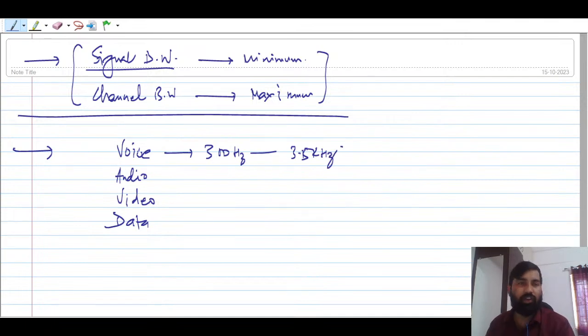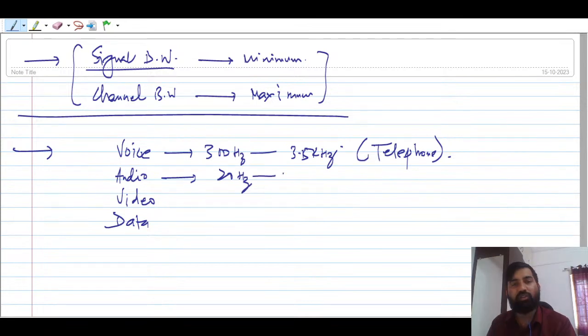Where do we use this voice? How do we transmit this voice? Using a telephone. In telephone, this is important that you have to keep in mind. And audio is from 20 hertz to 20 kilohertz. Do you see the difference between voice and audio? Audio is nothing but what you just record, your speech.